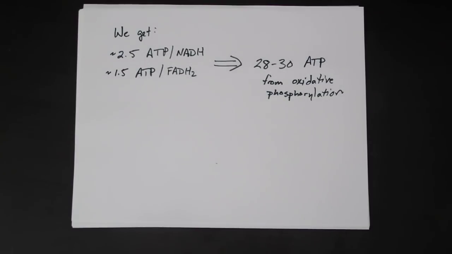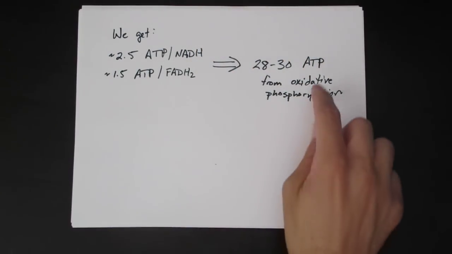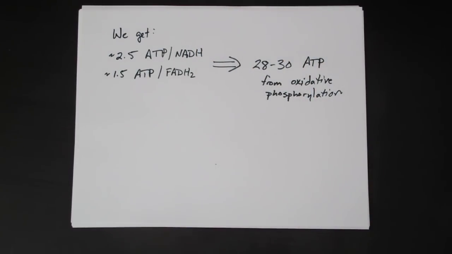Again, I'm not that concerned with the intermediaries of glycolysis or the citric acid cycle. I really want you to focus on what's happening, and that's the fact that it's just a big series of redox reactions pulling electrons off of those fuel molecules so that we produce NADH and FADH2. Those ultimately go through oxidative phosphorylation, and that's how we make ATP.